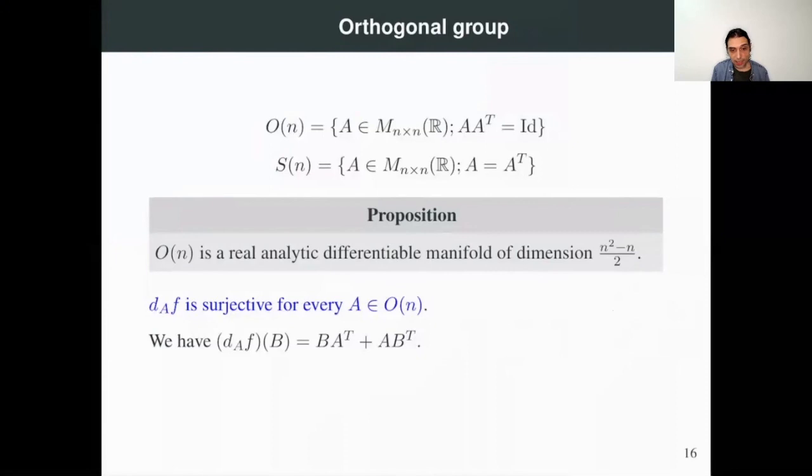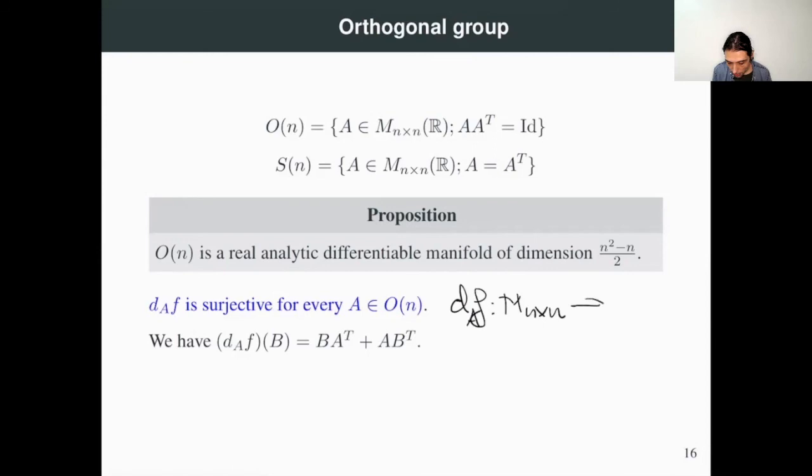So let's point out that the differential is a map between the tangent space to the set of square matrices, which is already a vector space, so the tangent space is going to be itself, to the tangent space to the set of symmetric matrices. But again, symmetric matrices are also a vector space.